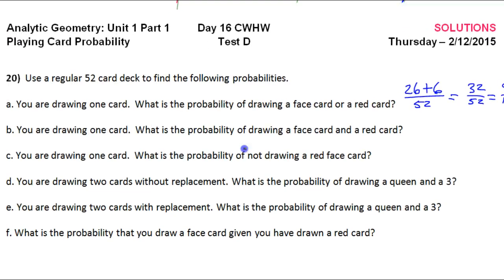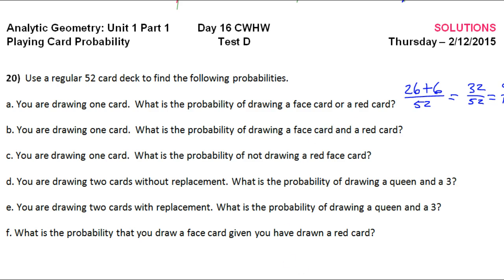Alright, now let's look at the next one. You're drawing one card. What's the probability of drawing a face card and a red card? Now, so when we did or, we were just adding up all of the possibilities. We wanted all of both. But when we do and, we just want the intersection, okay, just the overlapping part.